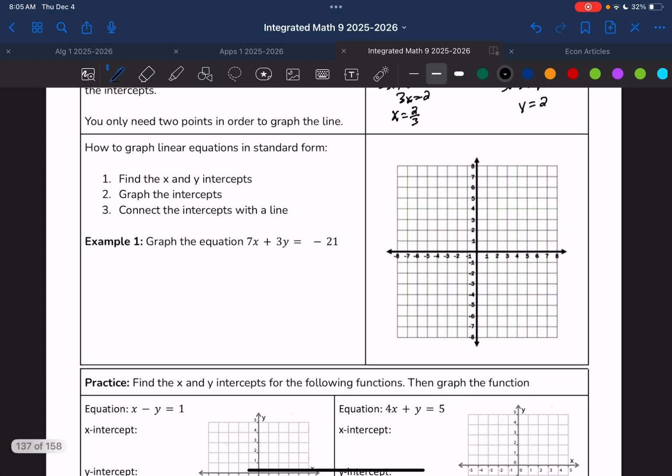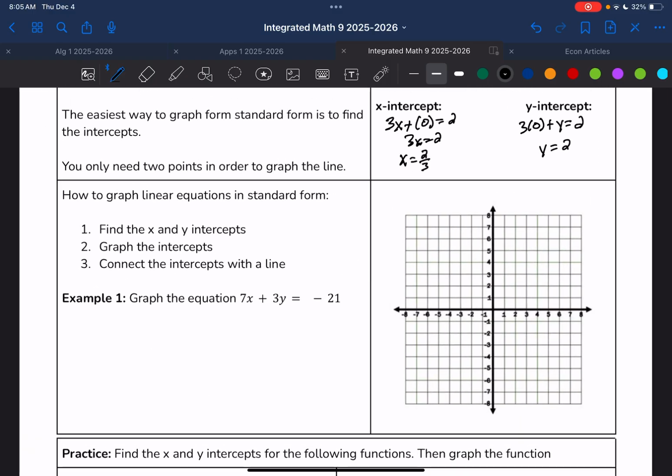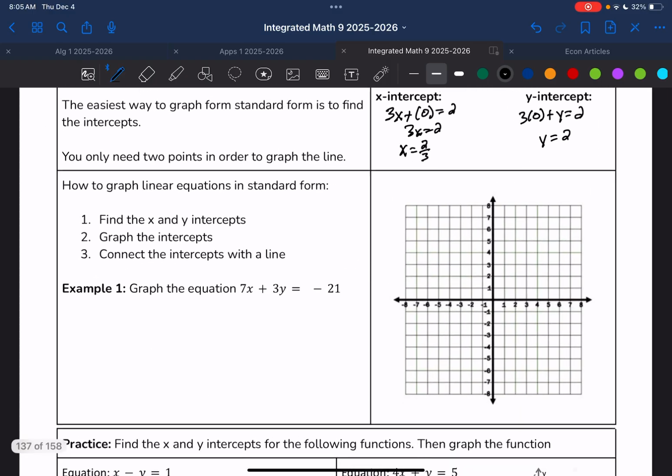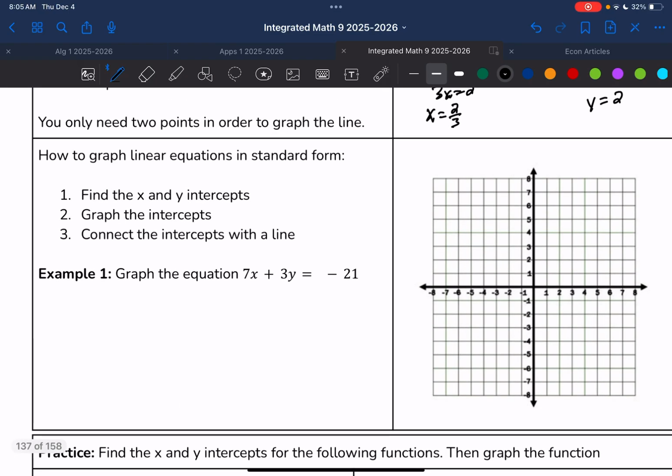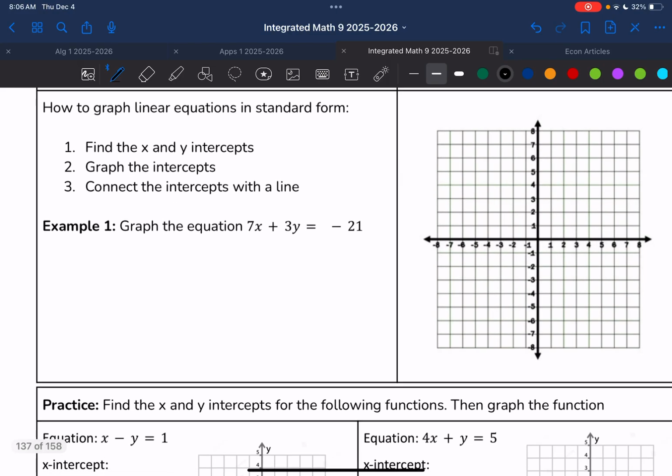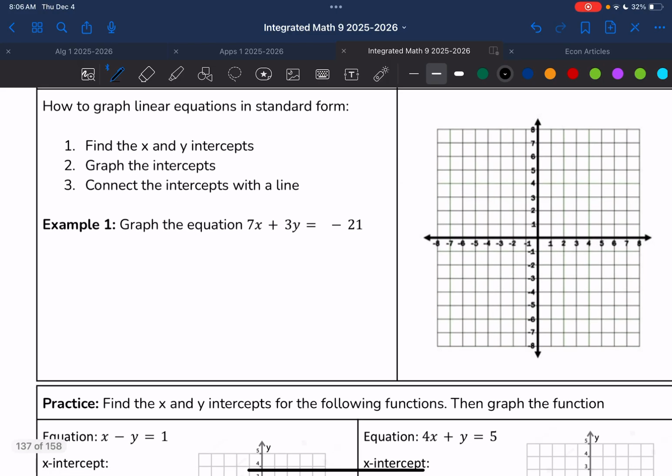So let's see how this could work in practice. We have 7x plus 3y equals -21. If I go to convert that to slope-intercept form, I'm going to end up with a slope of -7/3. Maybe I don't want that. So instead, let's do the intercepts method.